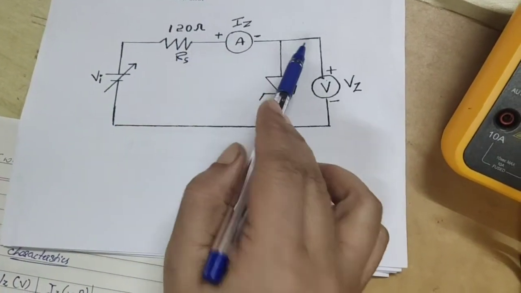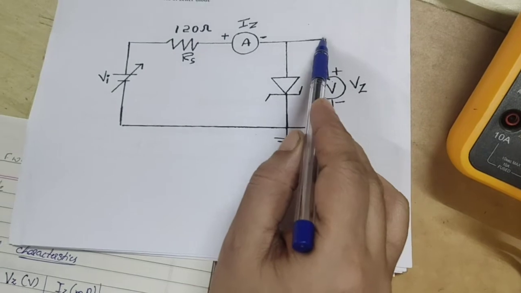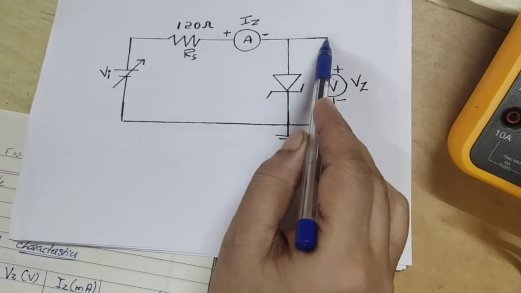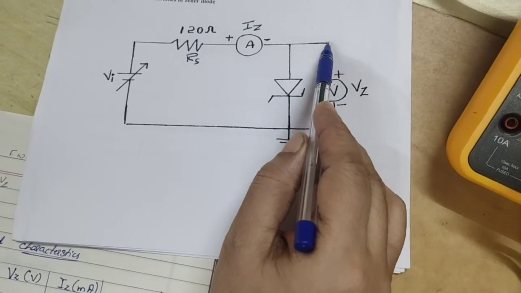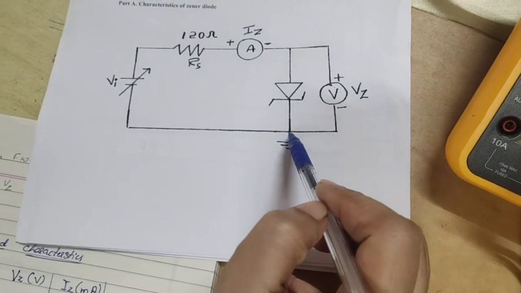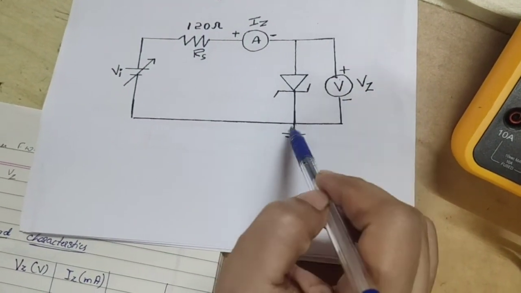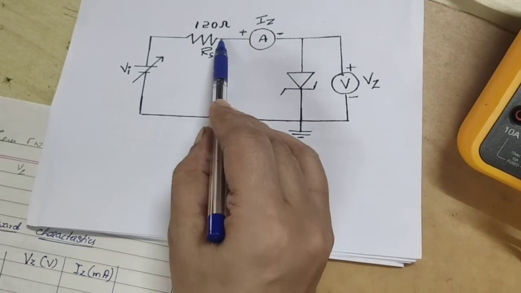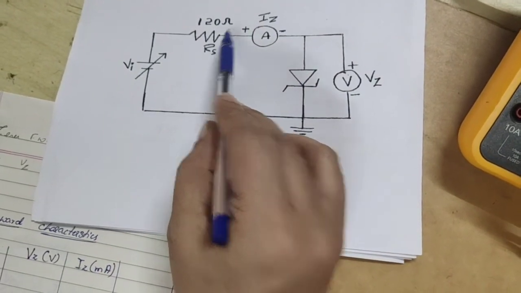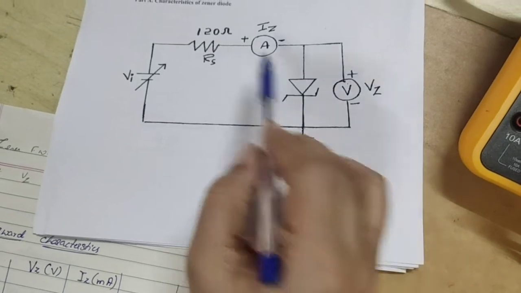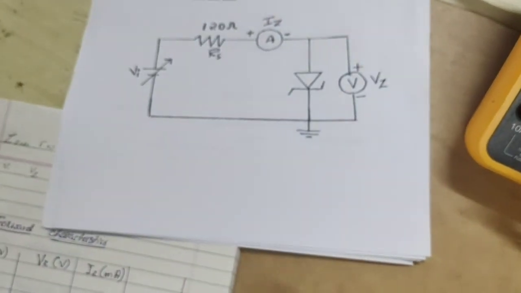Suppose I measured 4.6 volt here, this is with respect to this point. Here if you measure 2.5 volt, it is 2.5 volt with respect to this. So here it is 0, here it is 2.5. It is shown in that way.